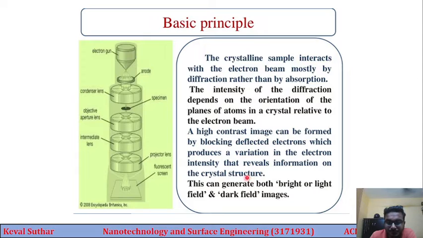So here the deflected electrons can be blocked. That will provide a variation in the electron intensity. So this will give us the details about the crystal structure.